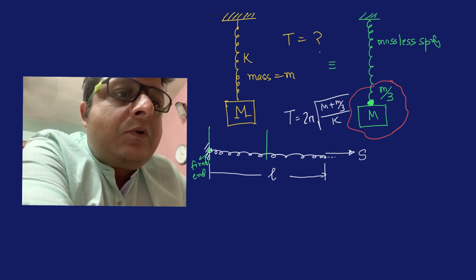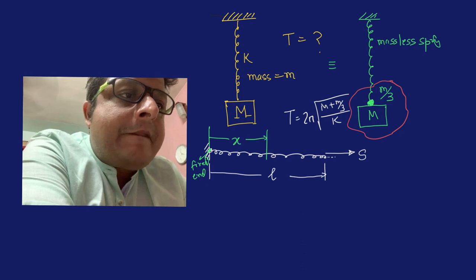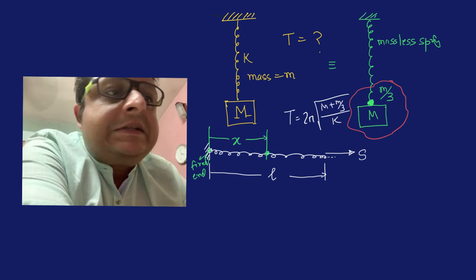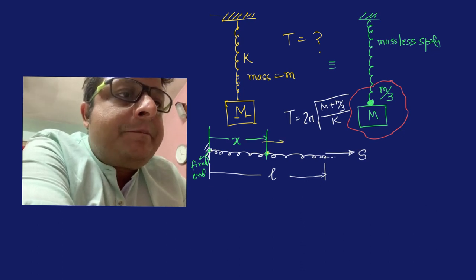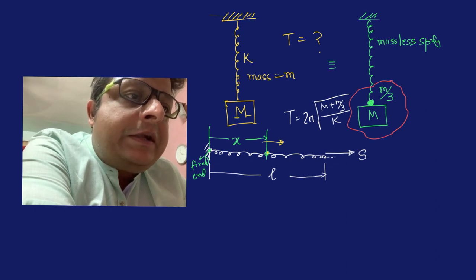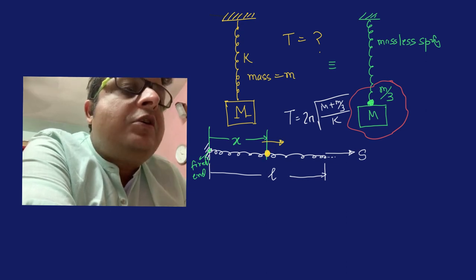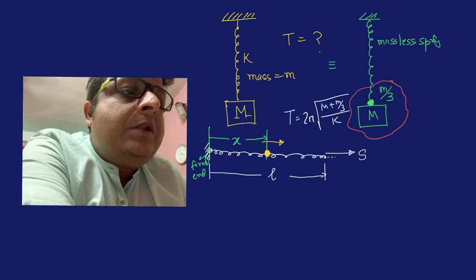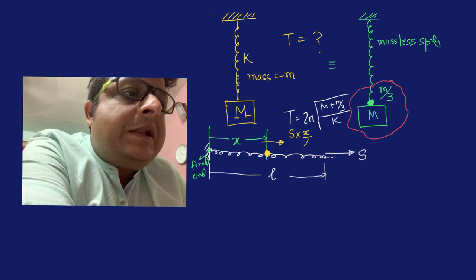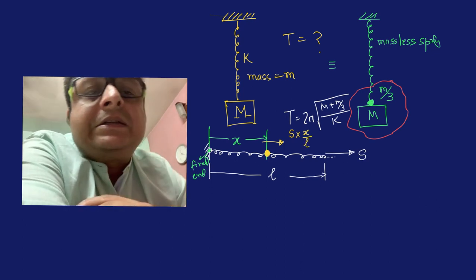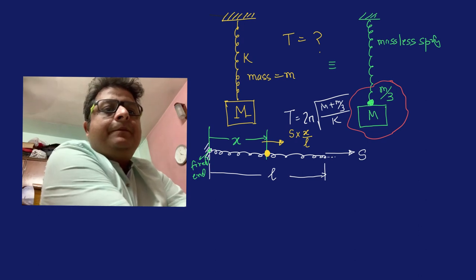And say if you consider this point at a distance x, then this yellow dotted point will move forward by s into x divided by L.